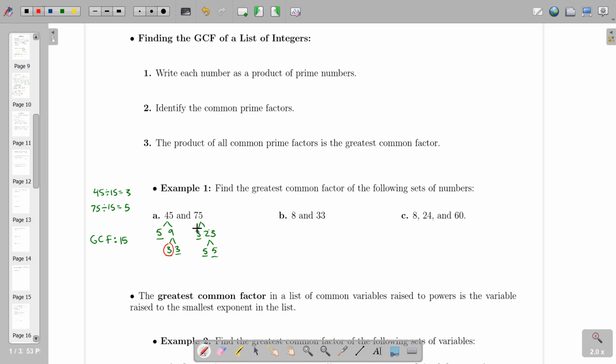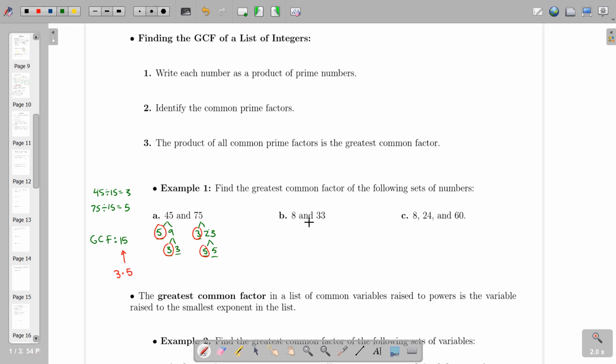Well, they share a 3 in common, and they share a 5 in common. But they don't share any more than that. This one has another 3, but this one doesn't have a 3 to pair up with it. This has a 5, but no 5 to pair up with it here. And so to find the greatest common factor by prime factoring, you just take the product of the primes that are shared by both. And that's how you could get 15.